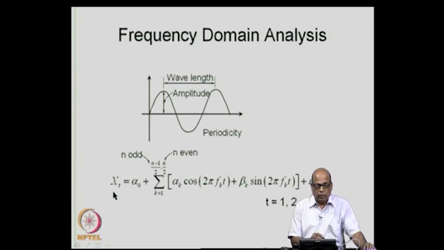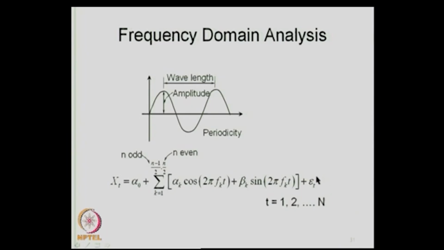We express the x t time series as a combination of cosine waves and sine waves, and there is a random component associated with this. N is the sample size here. I will discuss this again in detail in the next lecture, but just to give you a flavor of what we do in the frequency analysis, x t is our time series.